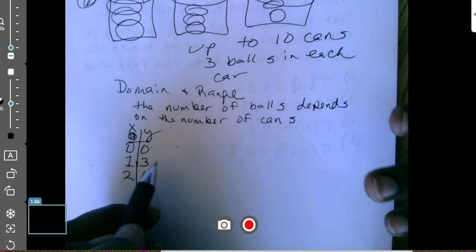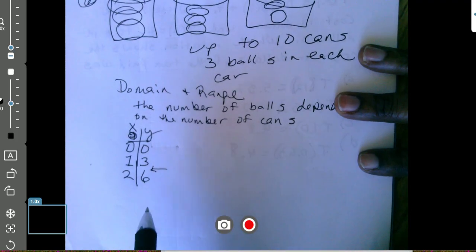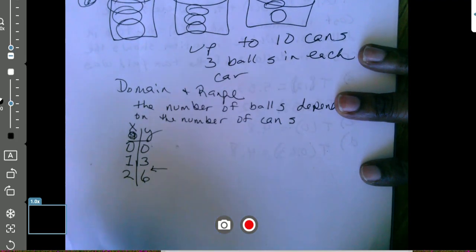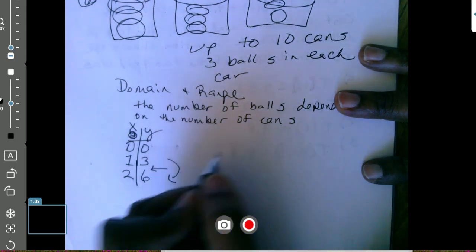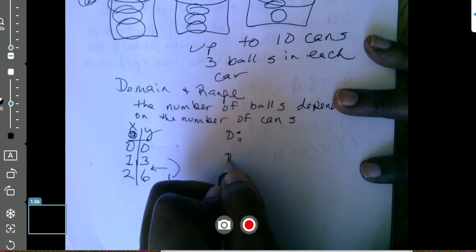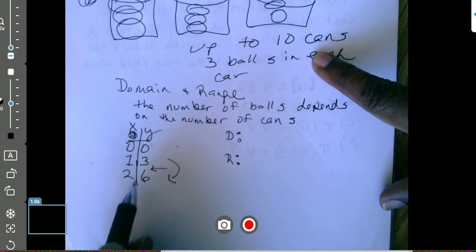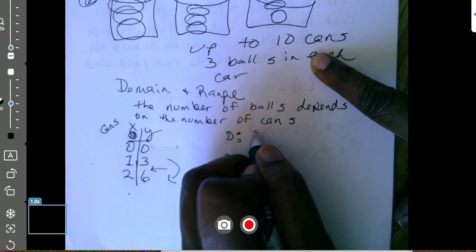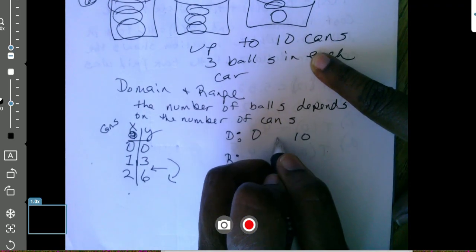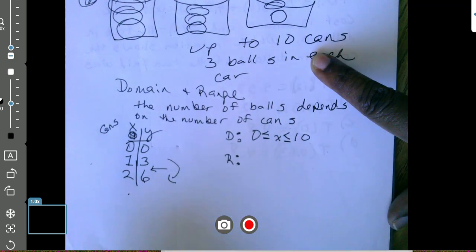Never ever can we have 2.5 balls. And in this case, we cannot have 5 balls because it's in increments of 3. So our domain values versus our range values, if it's up to 10 cans, this is the cans. So the domain values are going to go from 0 to 10 with those values included.